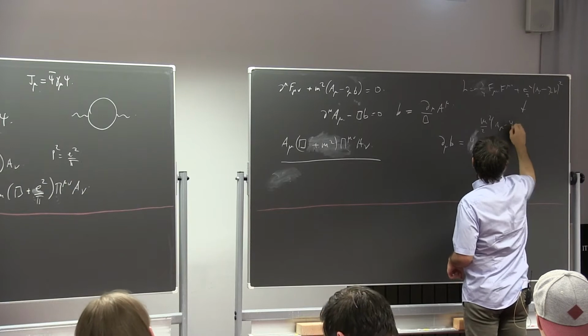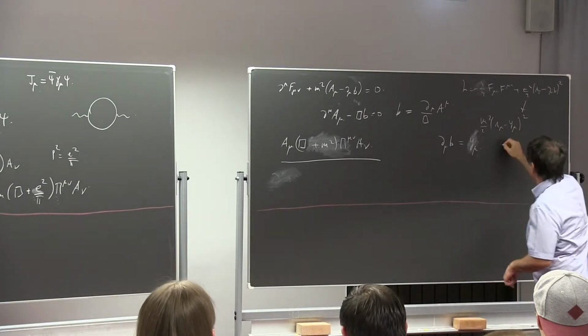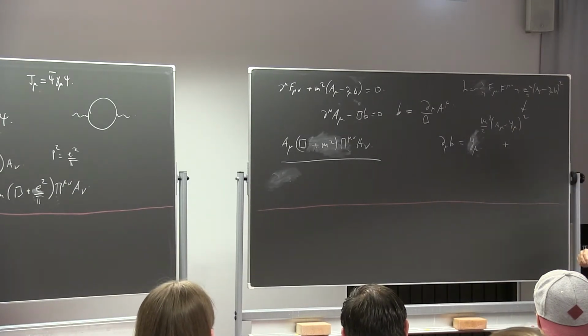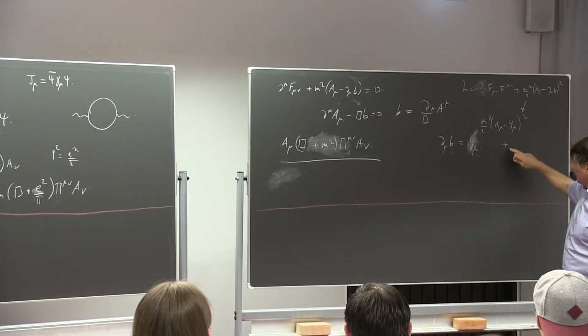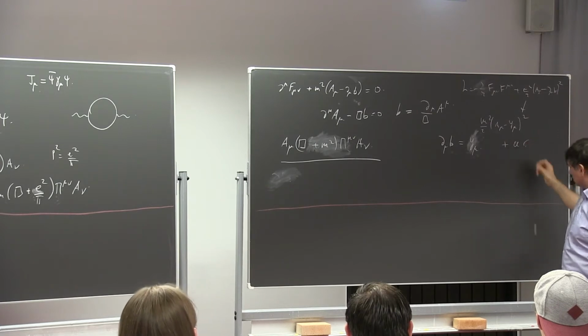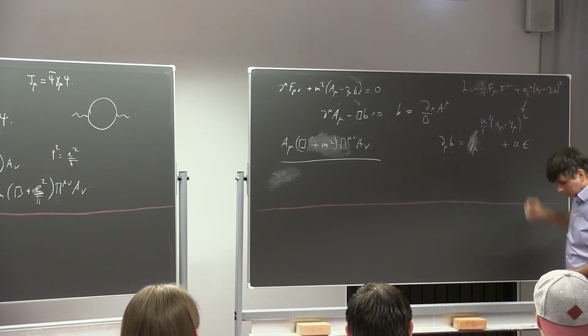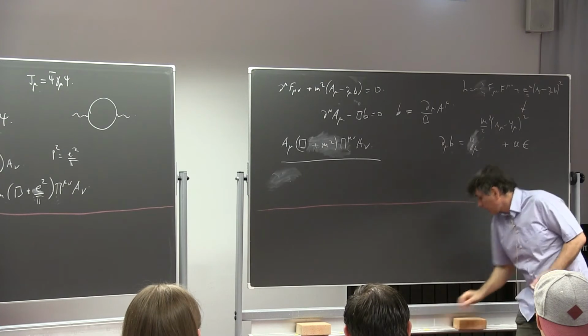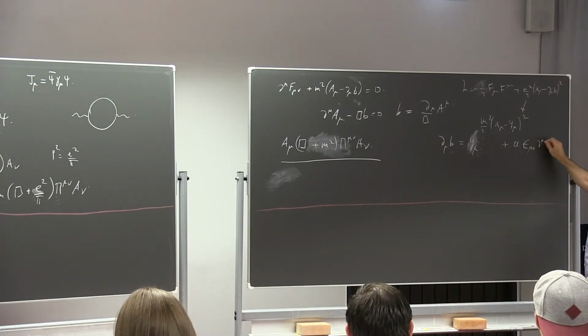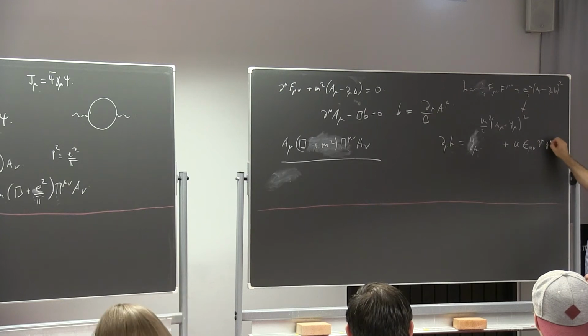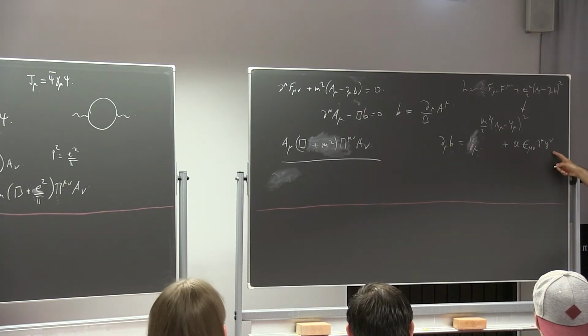Replace this with y of mu, and then impose a Lagrange multiplier constraint to take into account that this is a one form, which will look like epsilon mu nu d mu y nu. And that's it.